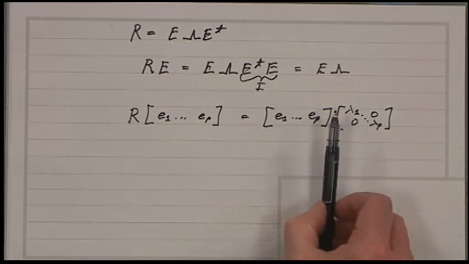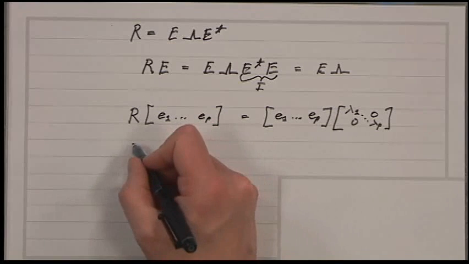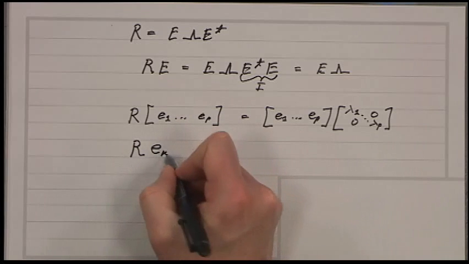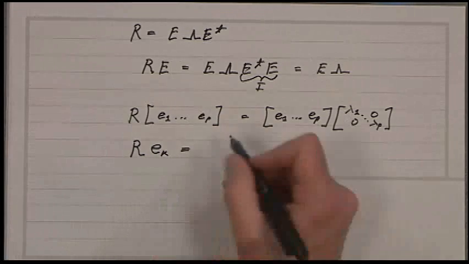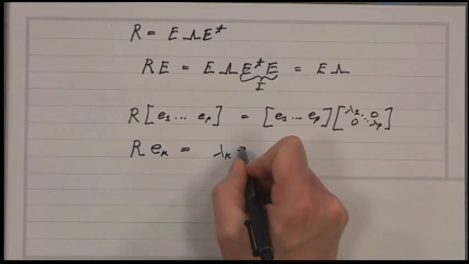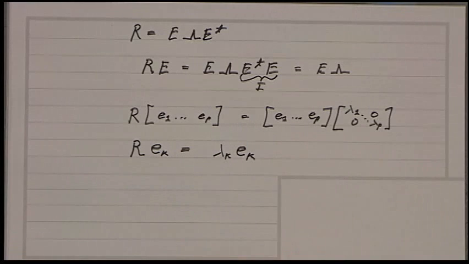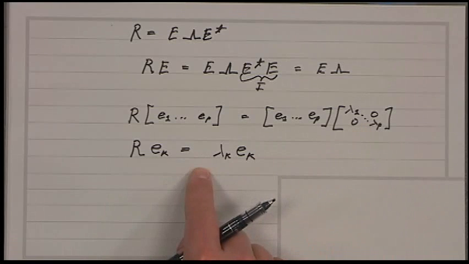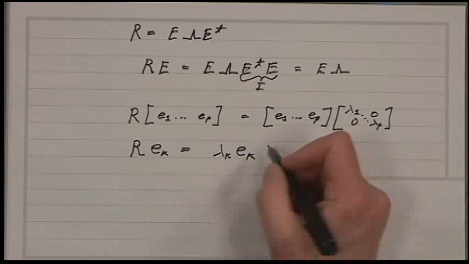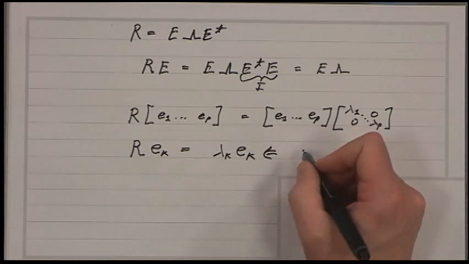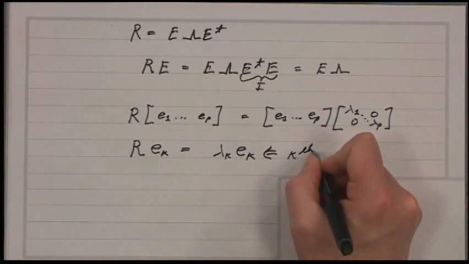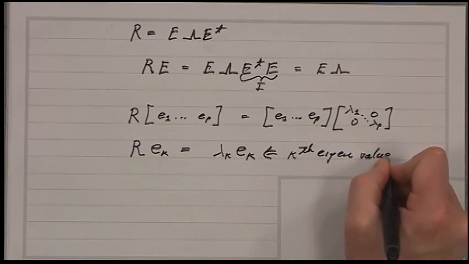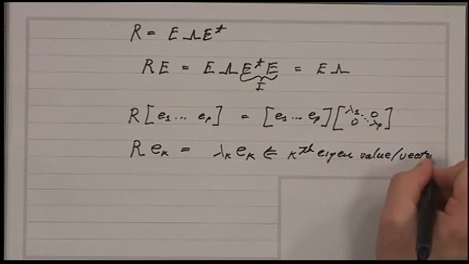So what I'm really saying is that R times Ek is equal to lambda k times Ek. This is just a matrix way of representing this result. So this is the eigenvalue and eigenvector, the kth eigenvalue and vector.